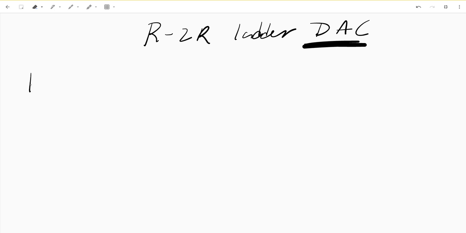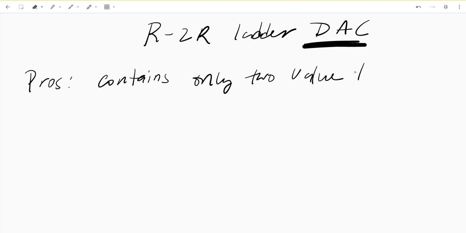And first, we want to talk about the pros of this configuration for a DAC, and it's that it contains only two value types of resistors, as we will see in the schematic drawing.